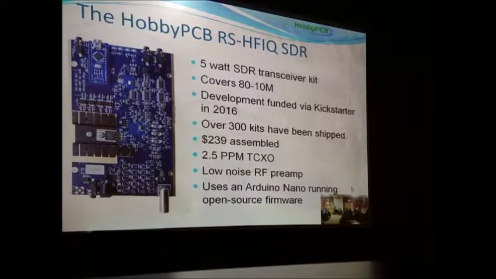We also added a 2.5 part per million TCXO, so when you run the FT8 and WSPR modes, it's dead on frequency. We put a low noise amplifier before the mixer, so it's got a better noise figure than the Softrock. And using the Arduino Nano means that we've got open source firmware with an IDE that anybody can download.